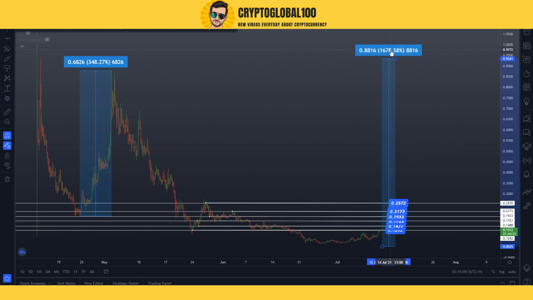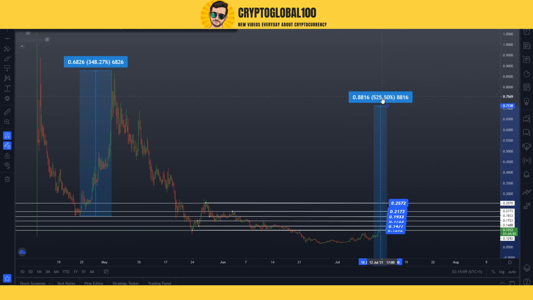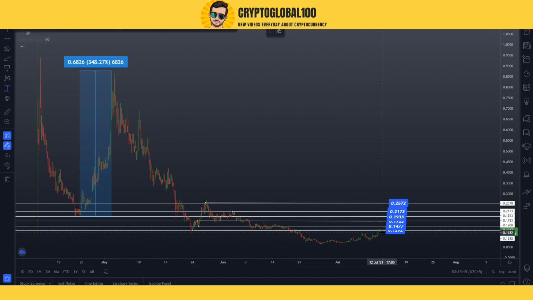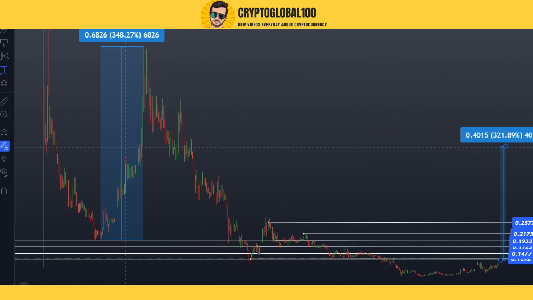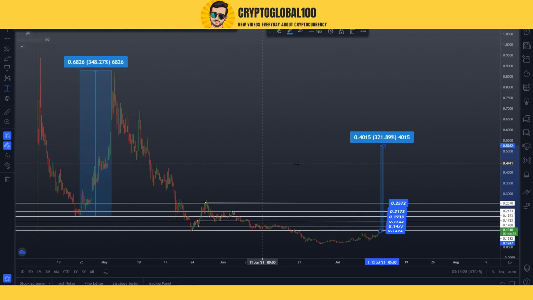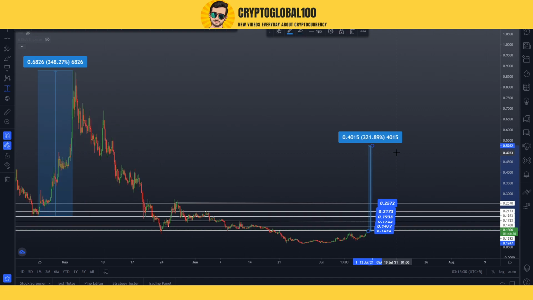If we can expect the same move from here, let me show you 300%. Let me delete this one and select this area again. Let me check 300% or 350%. That would lead us to around this area, because we have multiple areas here as support or resistance levels.